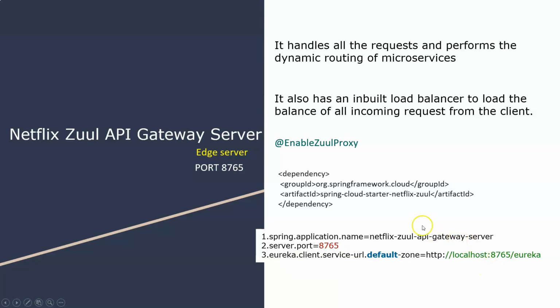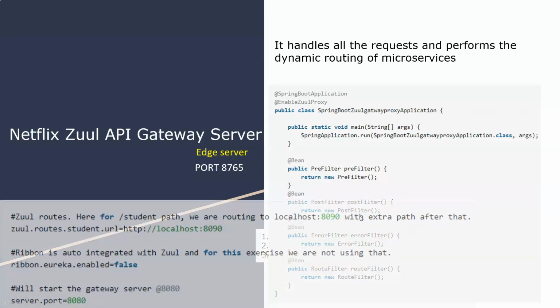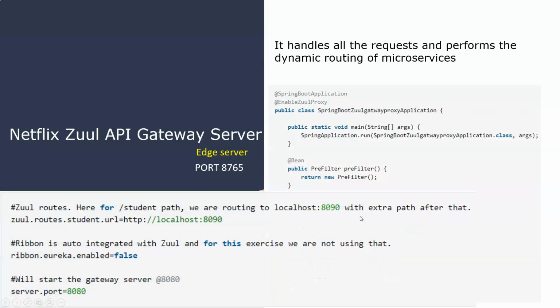Now, to allow the communication, so basically now you want your communication to your microservices through the API gateway, you need to make some change in your client application or in each of your microservices. So you need to configure your microservice. You need to tell your microservice that access to my microservice should be through the API gateway.